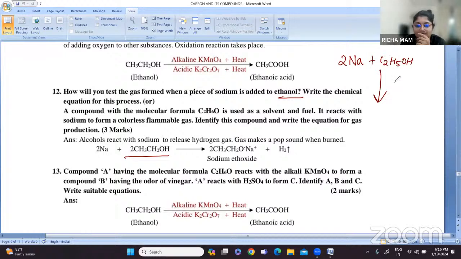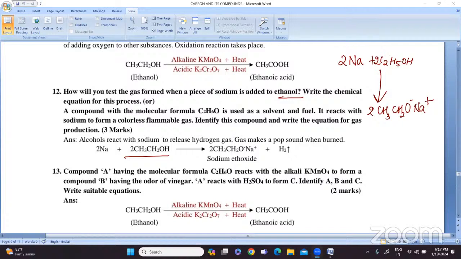So ethanol plus sodium gives 2 CH3CH2ONa. What you get is sodium ethoxide, plus hydrogen gas will be liberated.